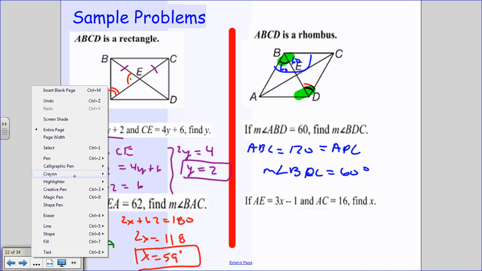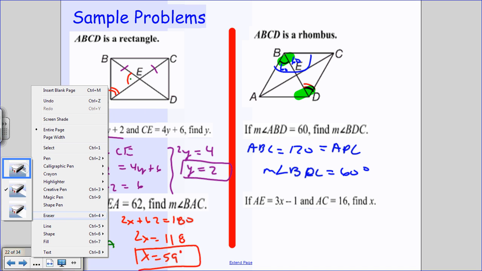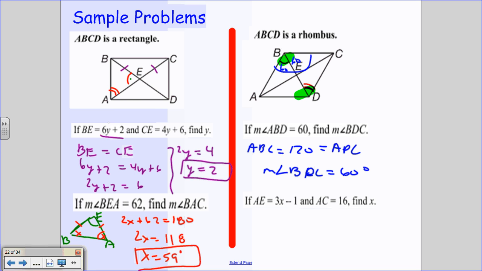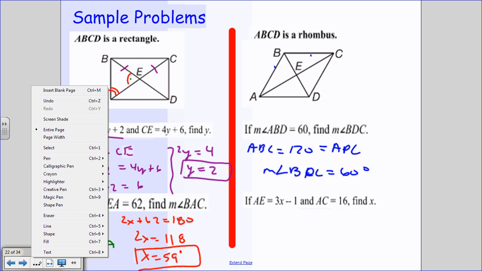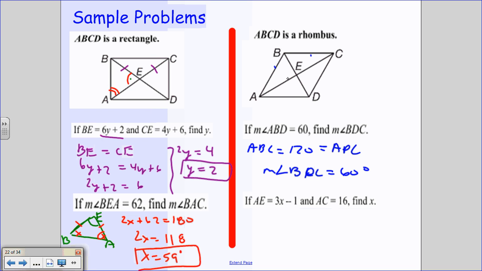Now it says that AE is 3x minus 1. So this piece here.